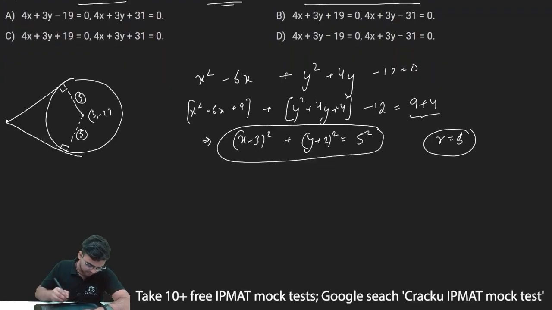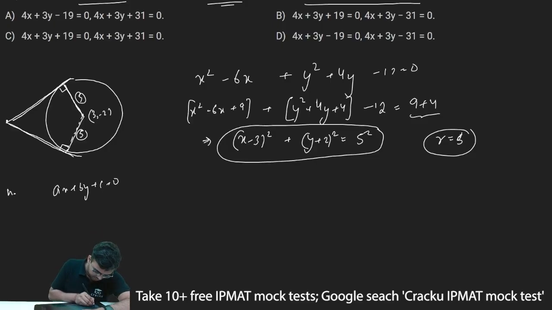Both these lines are basically perpendicular on these lines, whose length is 5. Now let's say we have an equation ax plus by plus c is equal to 0 and there is a point h comma k.